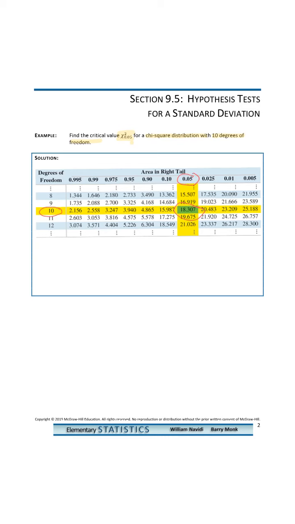So that is the critical value. We will write the critical value 18.307.